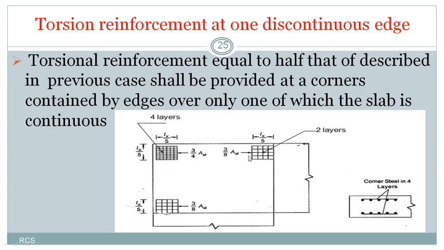In this figure, whatever reinforcement we provided here, the same applies here: this edge of the slab is discontinuous and this edge is continuous. So whatever amount of reinforcement we provide here, the same reinforcement we provide here.